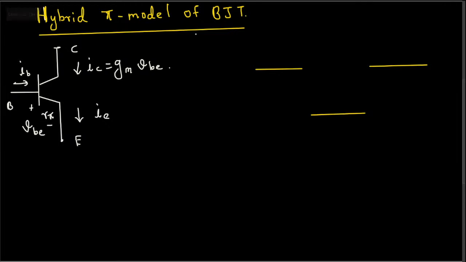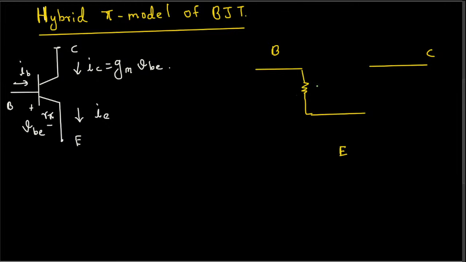Okay, this one is the base, this one is the collector, this one is the emitter, and from base to emitter we have this voltage and this resistance, so we include that. So here we have a resistance right here, that one is R pi, and let's put it on the other side.